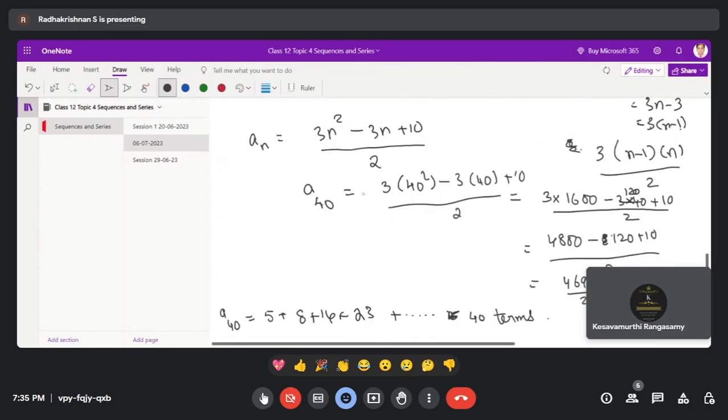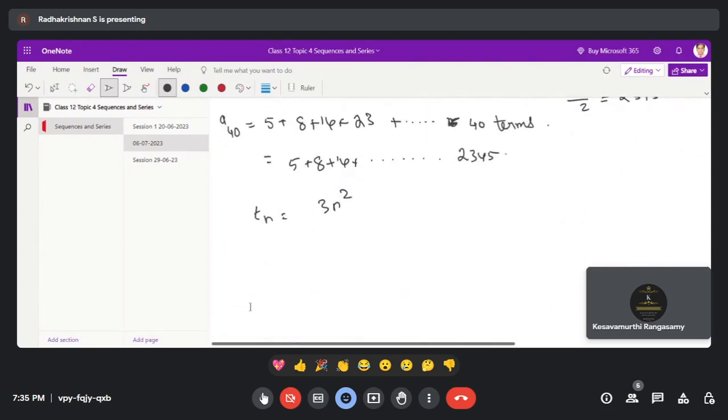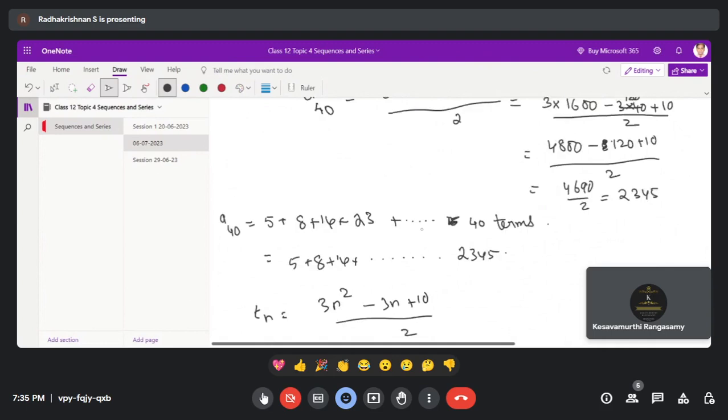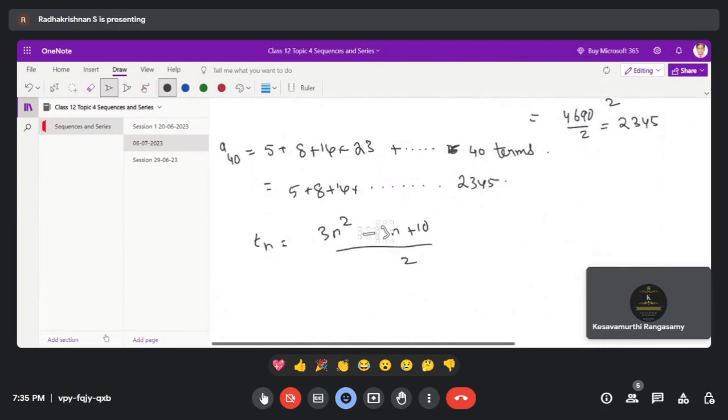Tn is (3n square minus 3n plus 10) by 2, right? So therefore, An is the sum of these terms.